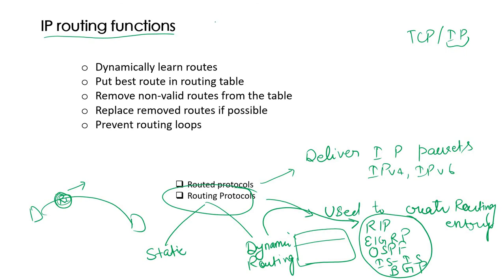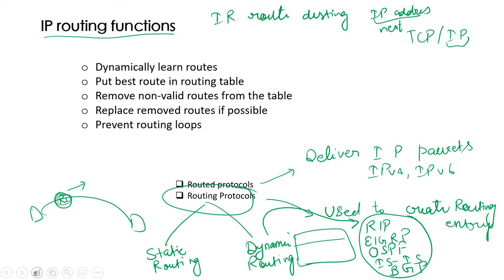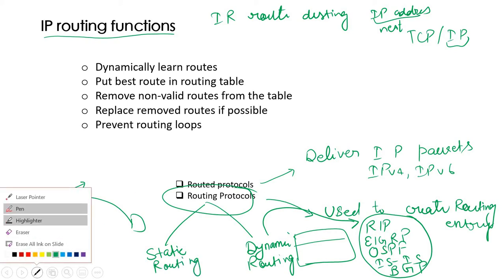We use the command ip route, give the prefix or destination, then a space, and then the IP address where you want to send, which is the next hop. That is static routing. So what are these routing protocols doing? Let's have a look.